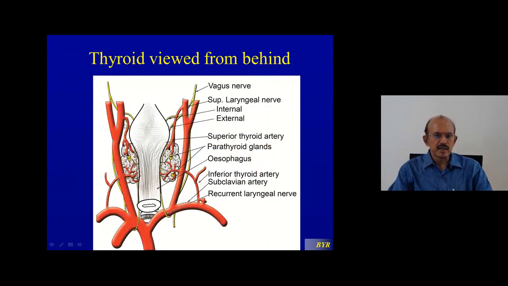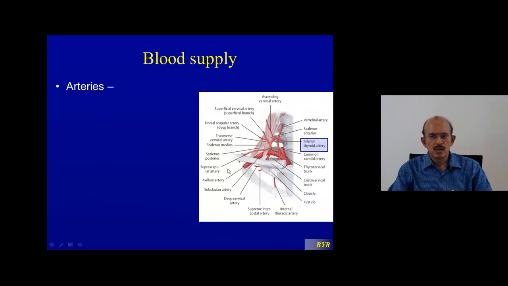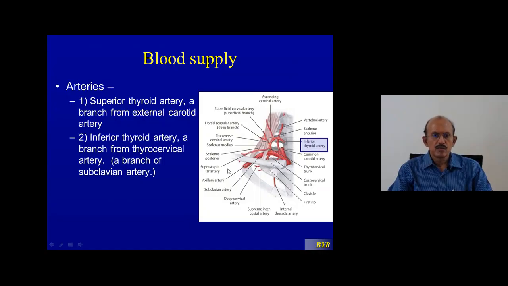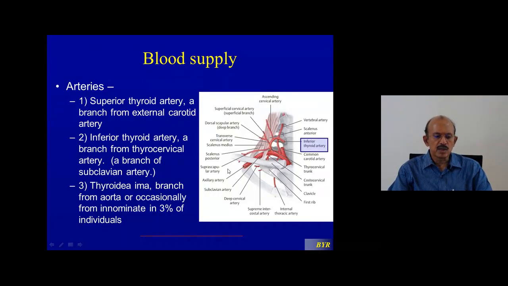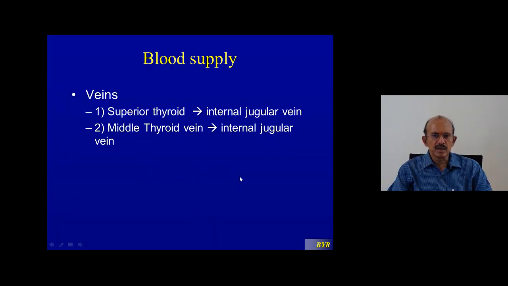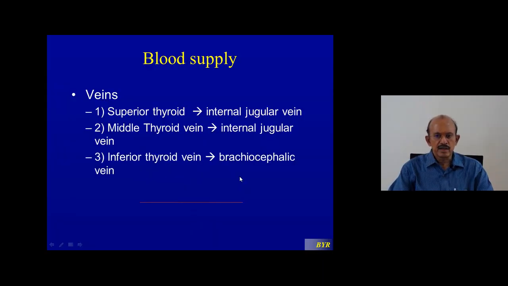You can see here the superior thyroid artery and the inferior thyroid artery. So these are the arterial branches. Then the veins: there are three veins, the superior thyroid, middle thyroid, and inferior thyroid veins.